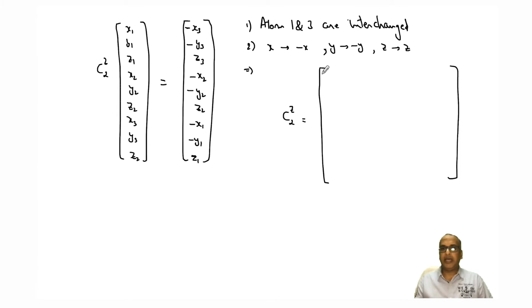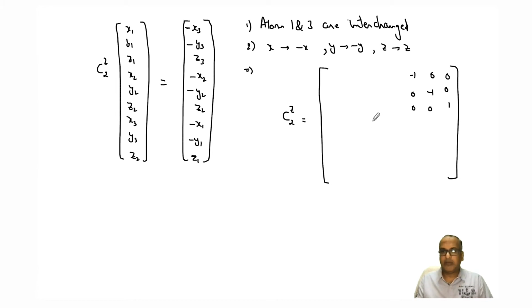Now let's see, x1, y1, z1 goes to x3, y3, z3 and with a negative sign. So I will write minus 1, 1 over here, 0, 0, 0, 0, 0, 0. And my x2, y2, z2 remains at its own position, so that will not change the block.